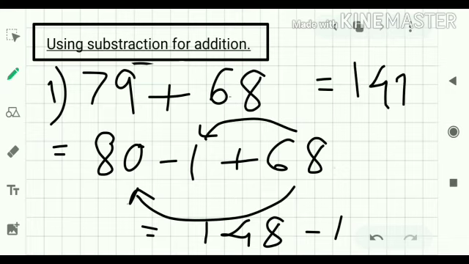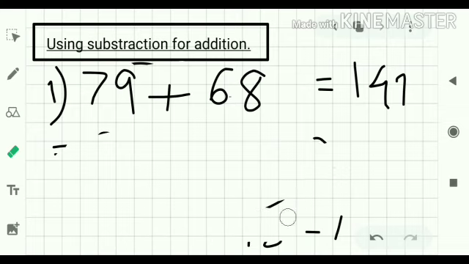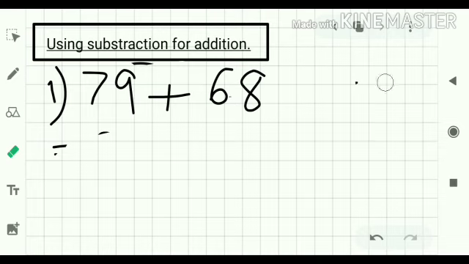Now whenever a number is involved which is near to a tens place, you can use this approach to solve these kinds of sums. Now let us take another case of this sum only, wherein we are converting 68 to its nearest tens multiple.